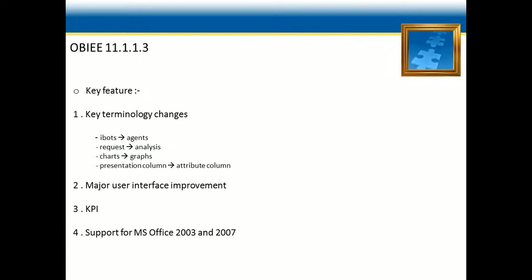So the key terminologies changed. Like charts, we now say graphs. At that time we were using charts. Same for presentation column and attribute column. Major user interface improvements were there. Key performance indicator concepts were there in 11.1.1.3. Support for Microsoft Office 2003 and 2007.